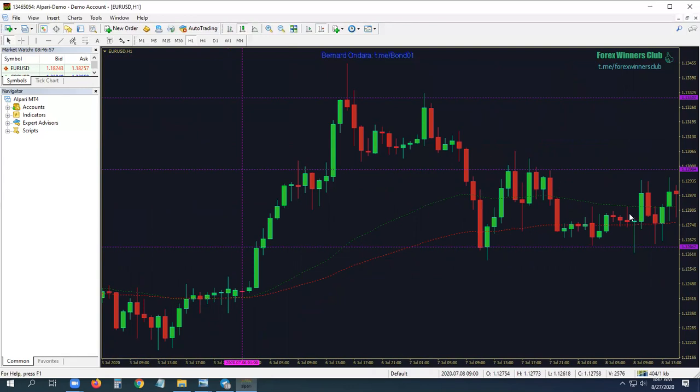You put 2 pips above the pin bar for your entry. Stop loss below the wick, not the body, the entire candle, below the wick, somewhere here. So this could become your stop loss. This is your entry. And the next level is your take profit. Correct? This level.